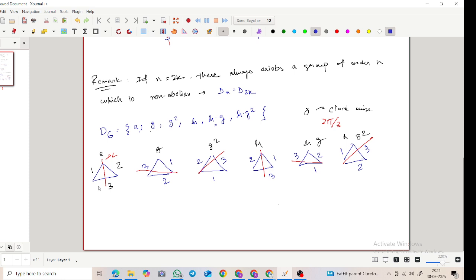You see, if you write it down this way, this is just the permutation, right? Yes, exactly. Basically, the positions are changing.